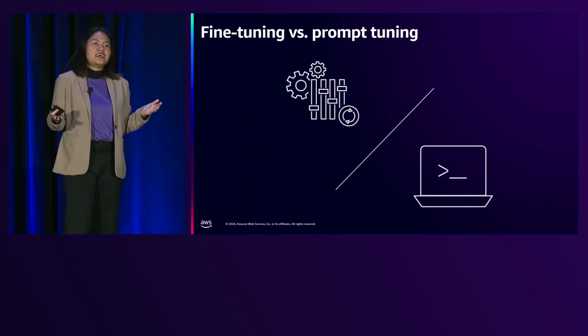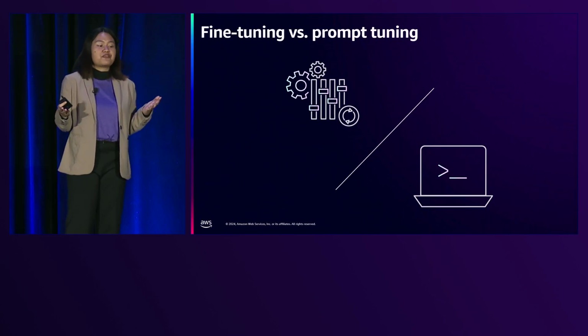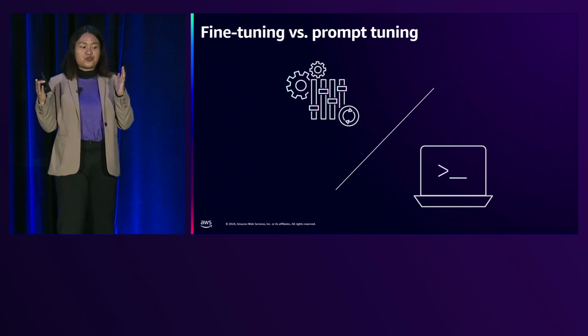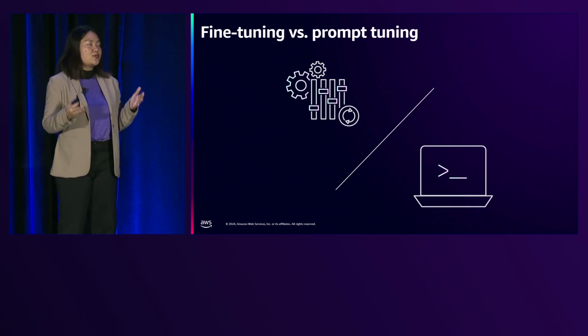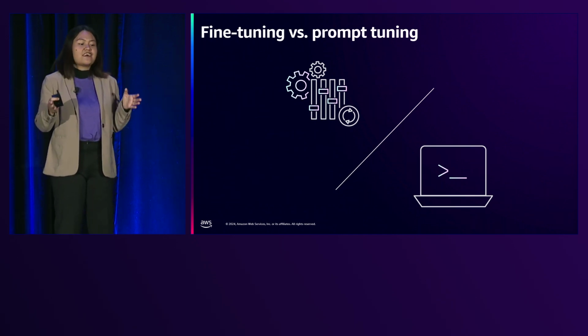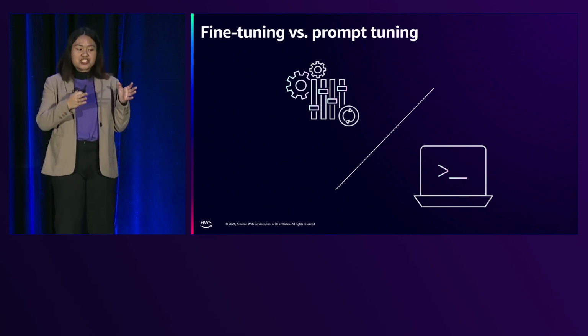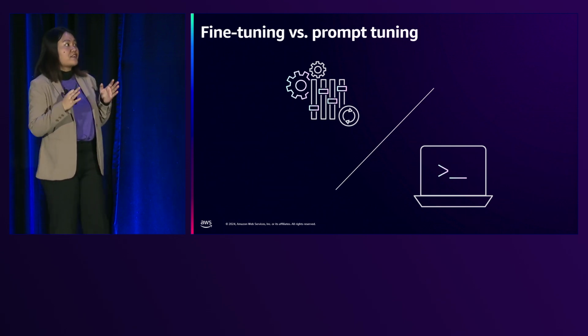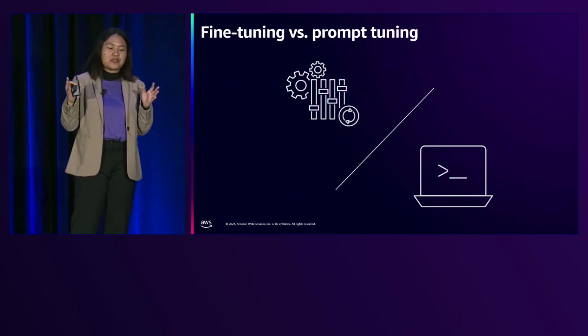In the beginning, we already saw some of the difference between fine-tuning and prompt tuning. With fine-tuning, you take the existing foundational model or large language model and you use your own data set to retrain it.